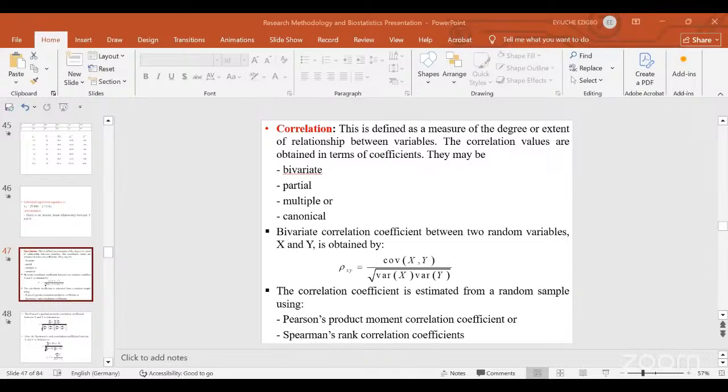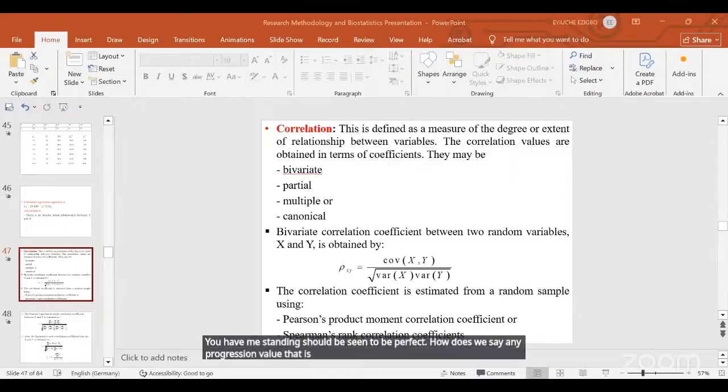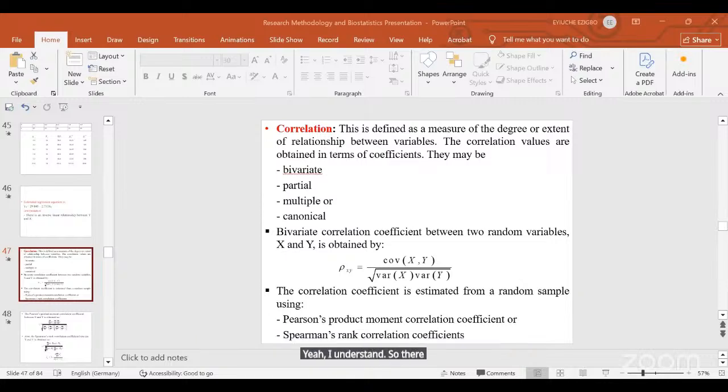On the issue of a score, there's no consensus. It depends on where you are and on the school of thought. Some persons may say any correlation value from 0.7 should be seen to be perfect. Others will say any correlation value that is from 0.8 should be regarded to be what? Perfect. Do you understand? So there is no consensus on that.